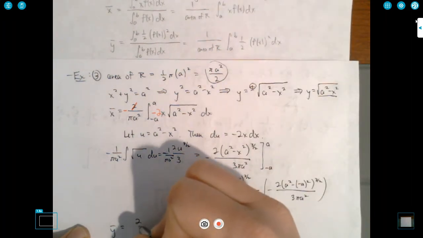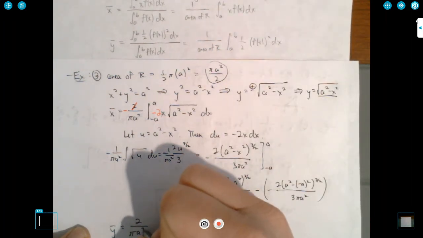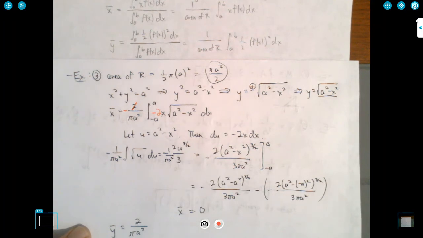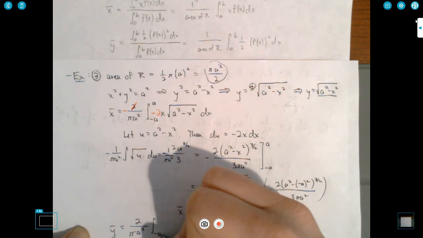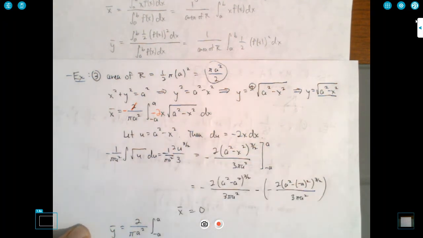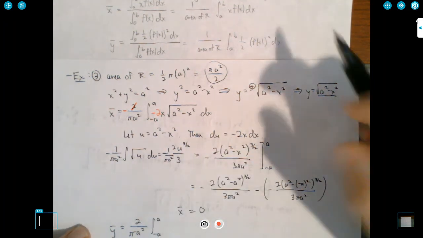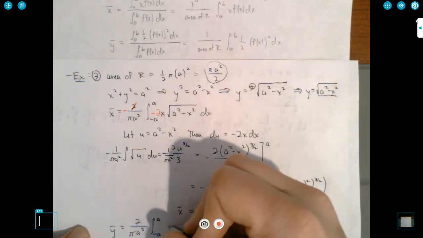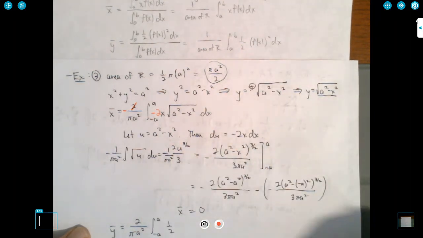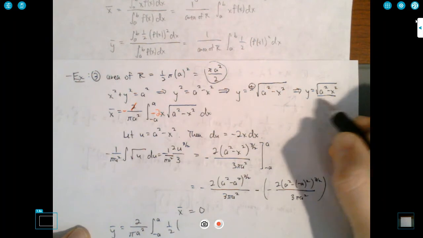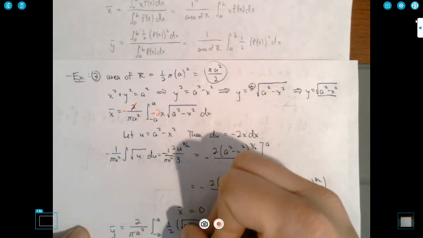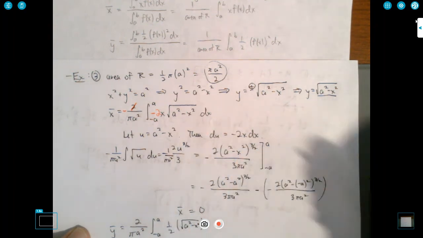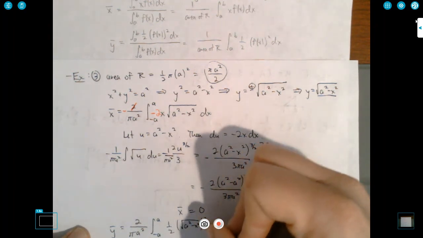So I'm going to call it 2 over pi a squared times the integral from left limit of integration to right limit of integration, right? So from negative a to positive a, 1/2 times f of x, which is square root a squared minus x squared, f of x squared dx.